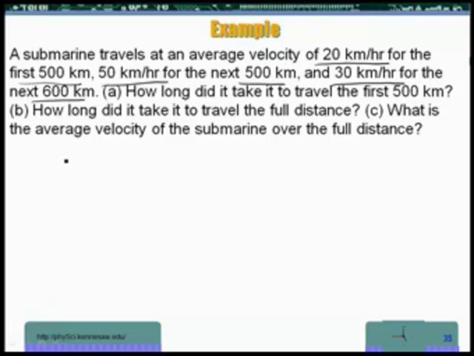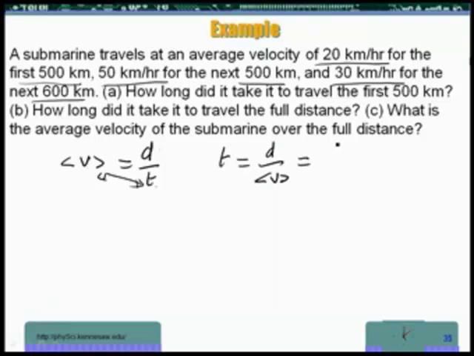Again, we use the same equation. Average velocity is displacement over time. We are given the displacement as 500 kilometers here, and we are given the velocity, and we are asked to solve for the time. So I'm going to switch these around. T is going to be d over average velocity.